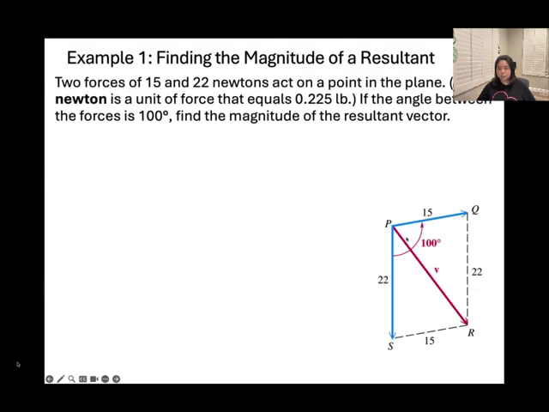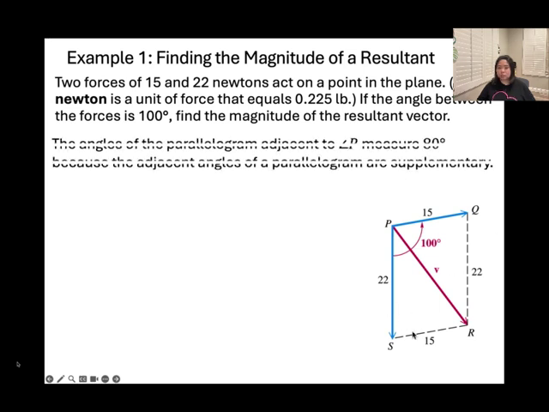Angle P plus angle S will be equal to 180, or angle P plus angle Q is also equal to 180. So angle S and angle Q will be equal to 80 degrees.